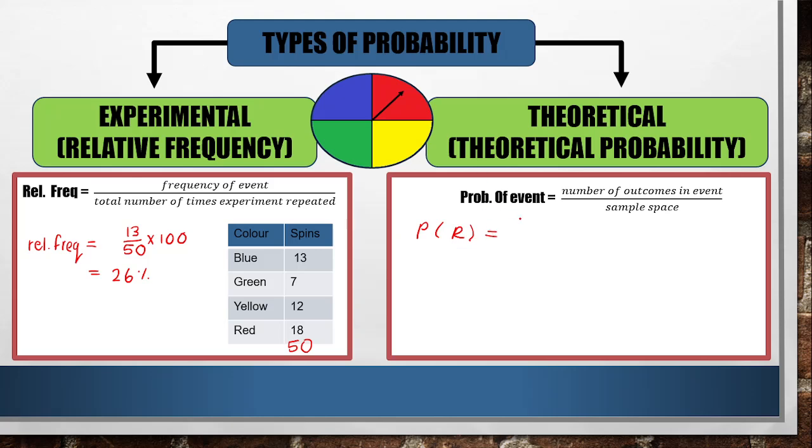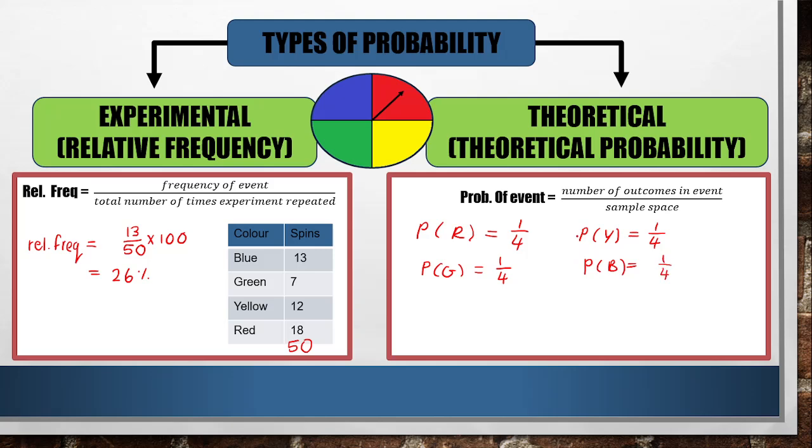Well, there's one red out of 4 options. What is the probability of us getting yellow? Well, there's one yellow out of 4. Same for the probability of getting a green, 1 over 4, and the probability of us getting a blue, 1 over 4.